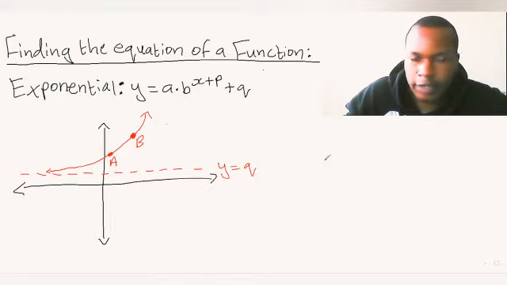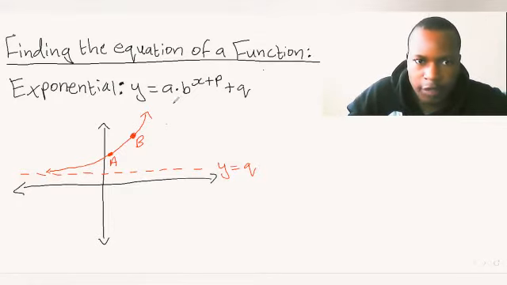Gents, I would like us to continue with finding the equation of a function. So this would be finding the equation of an exponential function. Remember that the general form of an exponential function would be as underlined.